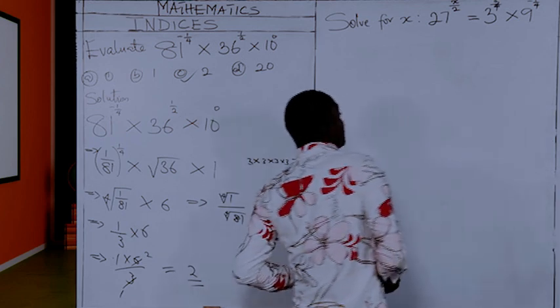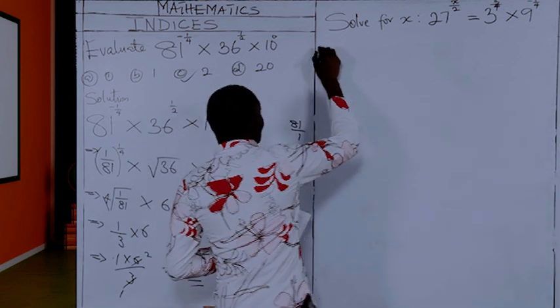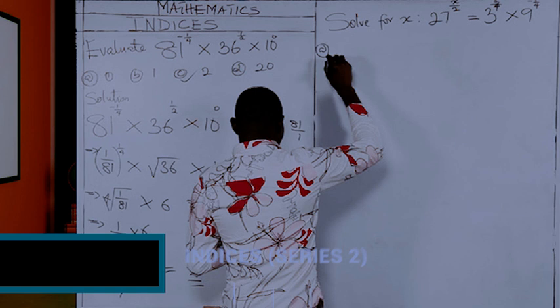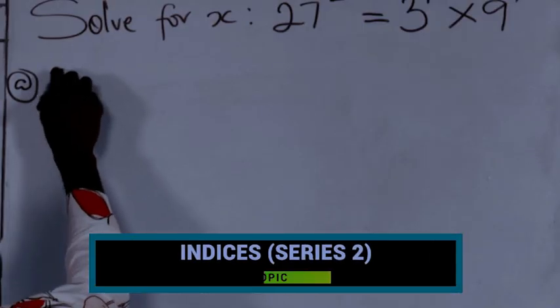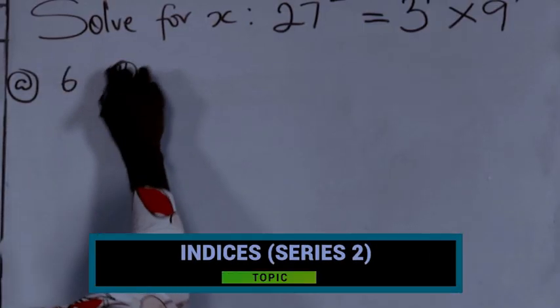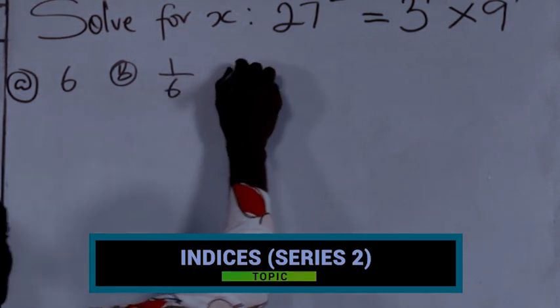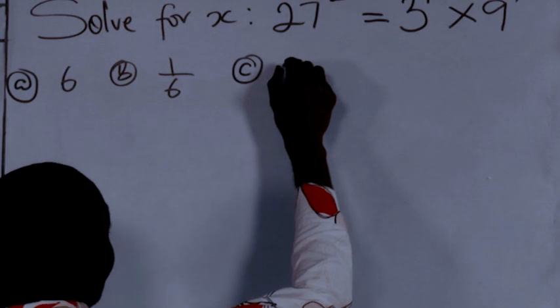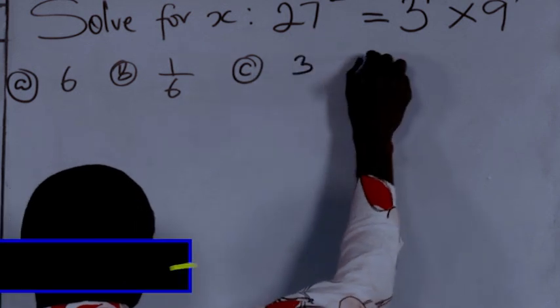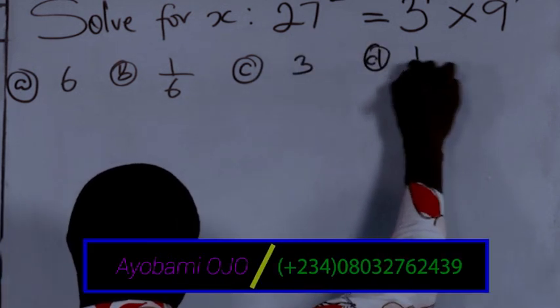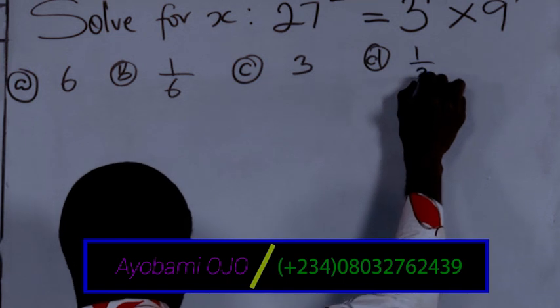Option A we are given 6, B 1 over 6, option C 3, and option D we have 1 over 3.